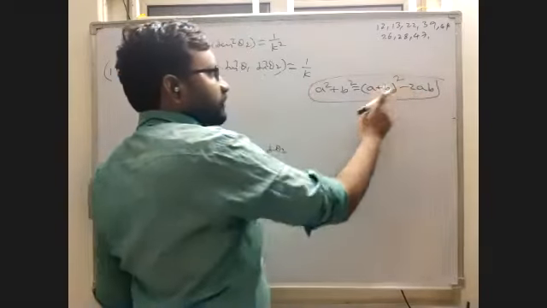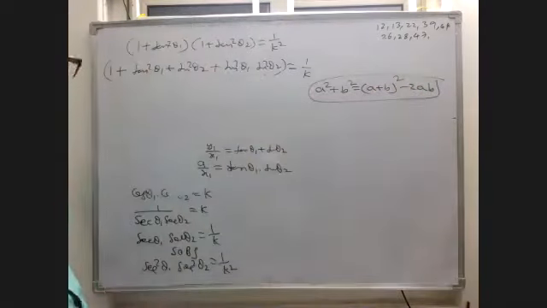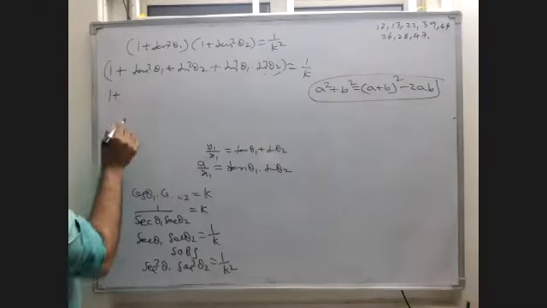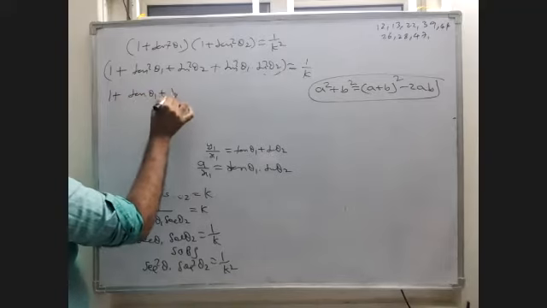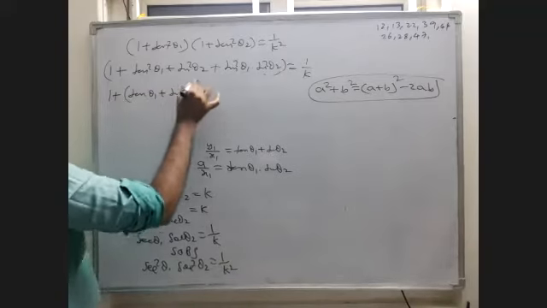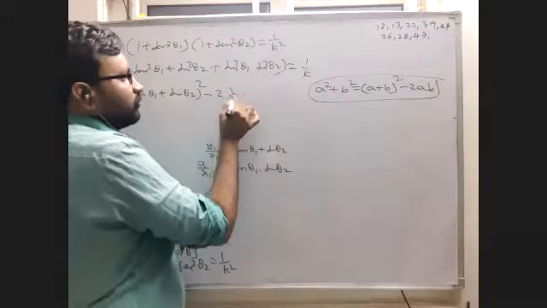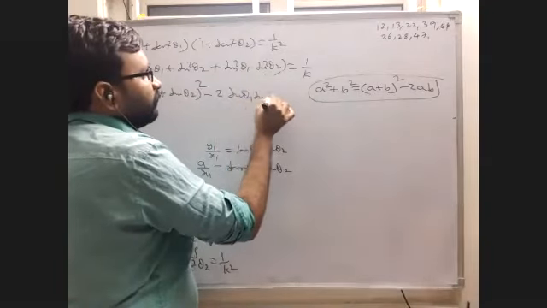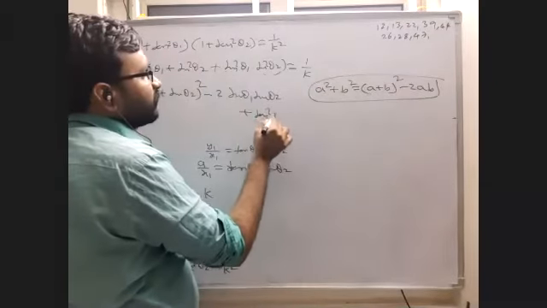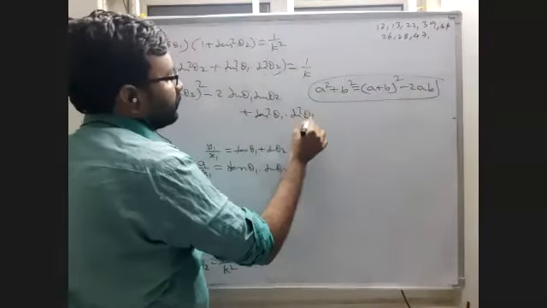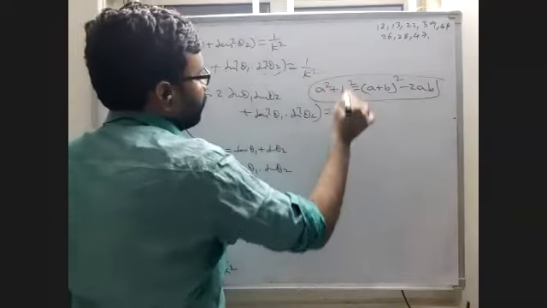So I am writing 1 plus a plus b whole square minus 2ab, and again here we have one more term, tan square theta 1 into tan square theta 2, is equal to 1 by k square.